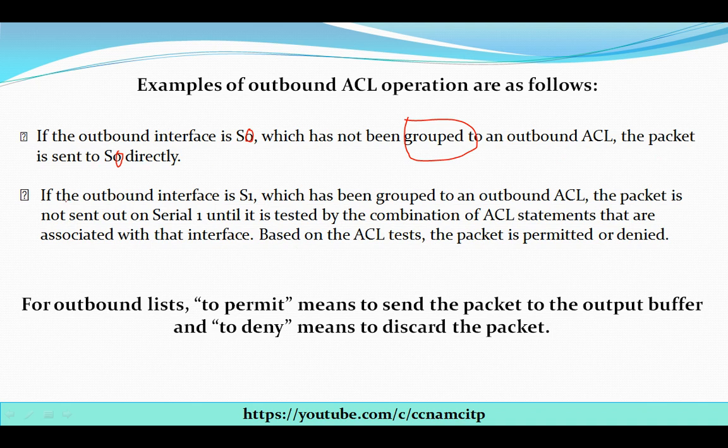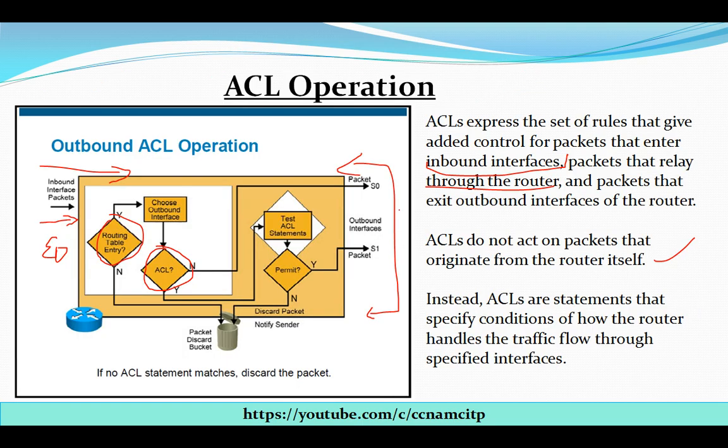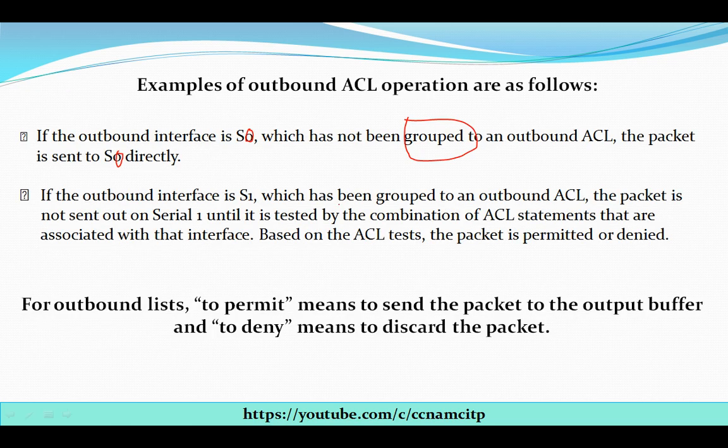Now what will happen if the outbound interface is serial 1? Now I'm talking about this one. We have two interfaces on that router. Serial 0 was not grouped. Now this serial 1 is grouped to an outbound ACL. The packet is not sent out on serial 1 until it is tested by the combination of ACL statements that are associated with that interface.